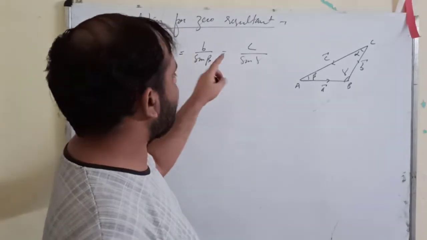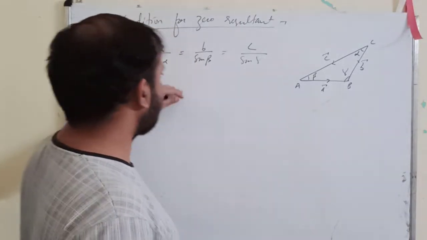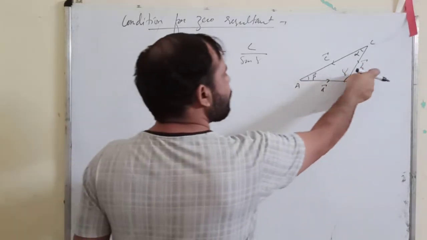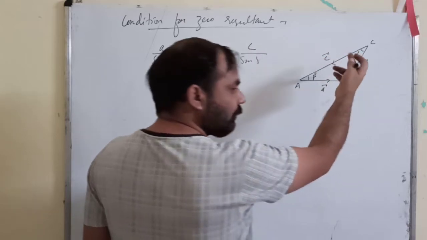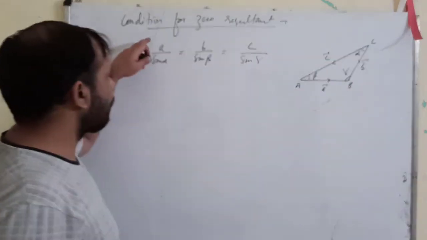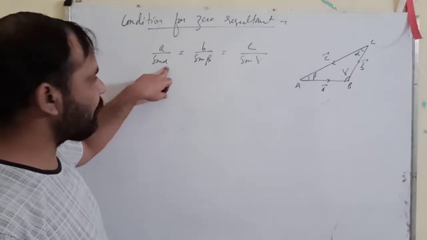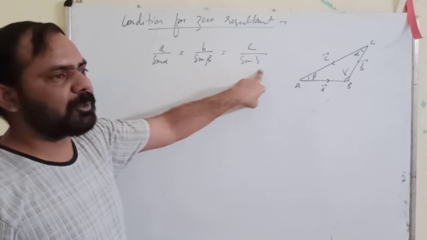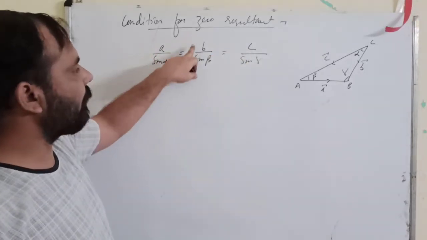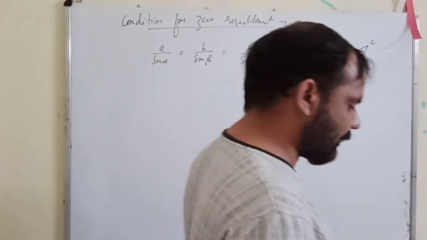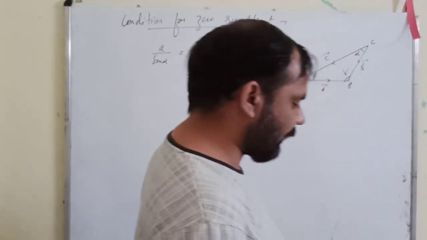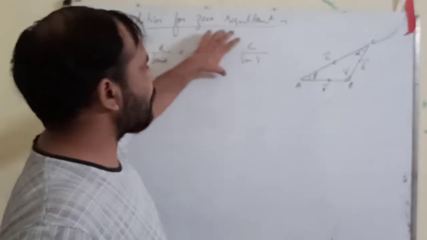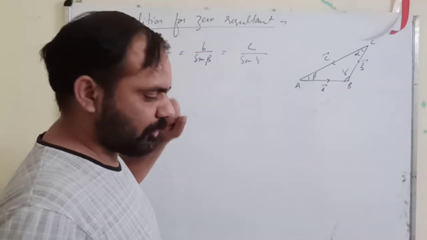A vector magnitude divided by sine of the angle between B and C, the angle opposite to A; B upon sine of the angle opposite to B; C upon sine of the angle opposite to C. A upon sine alpha, B upon sine beta, C upon sine gamma. If these ratios are equal, then you have a condition of zero resultant. Your resultant will be zero.